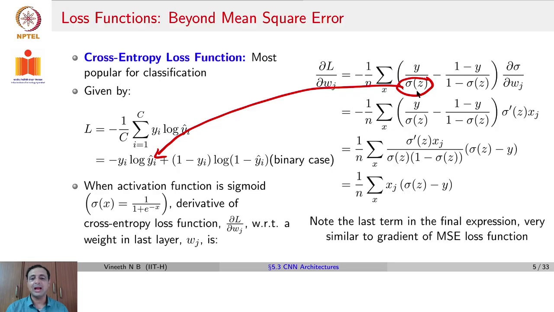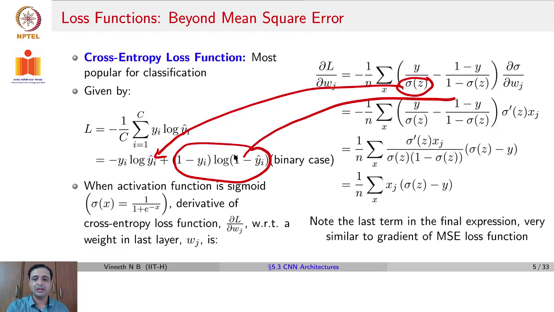So for y log yi hat, when we differentiate, we end up getting dou L by dou yi hat into dou sigma by dou wj, because that's what you would get when you do the chain rule. So this would give you y by sigma of z, and the second term here will give you the second term in the gradient.